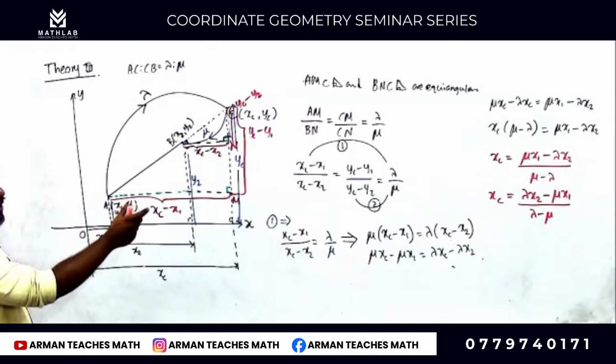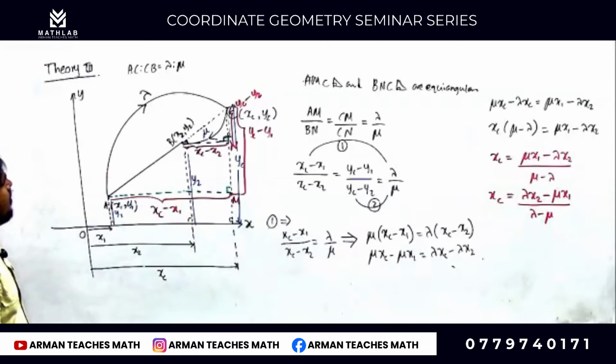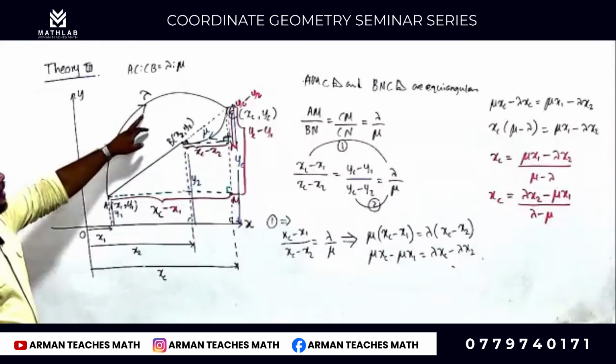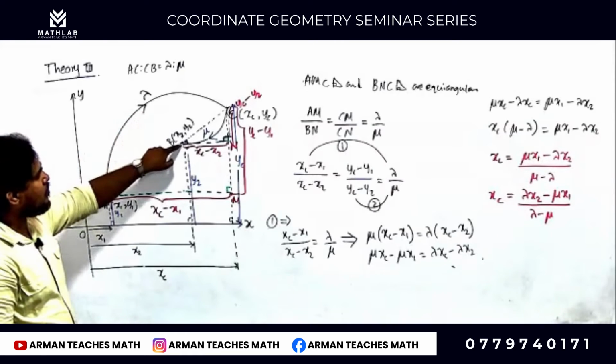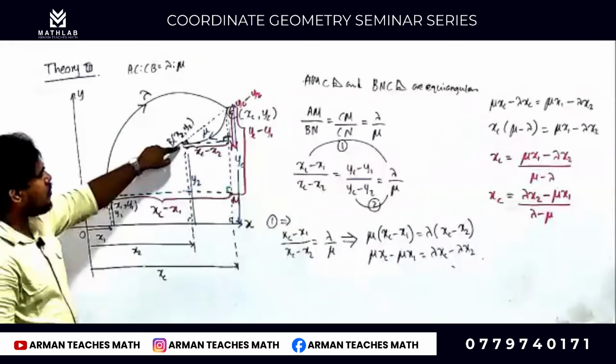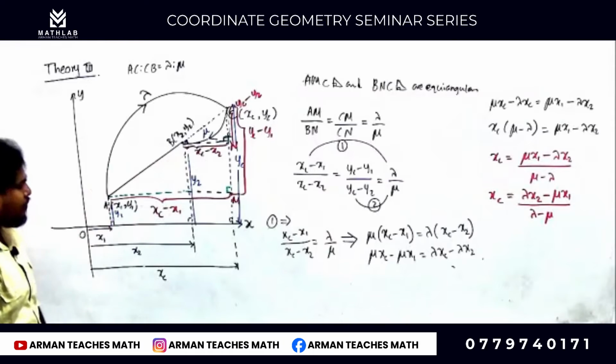Try to identify the pattern going through the steps we discussed in the previous example. Lambda times X2. Mu goes with X1. So we'll derive the pattern. First of all, write this peacefully, will you?